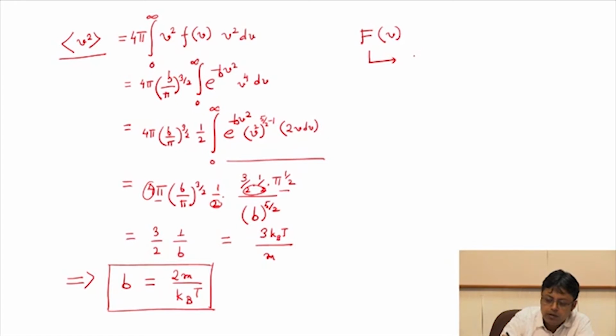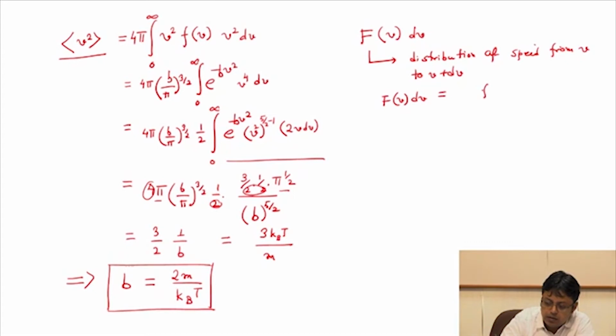So this is nothing but the distribution of velocities or distribution of speed from v to v plus dv.